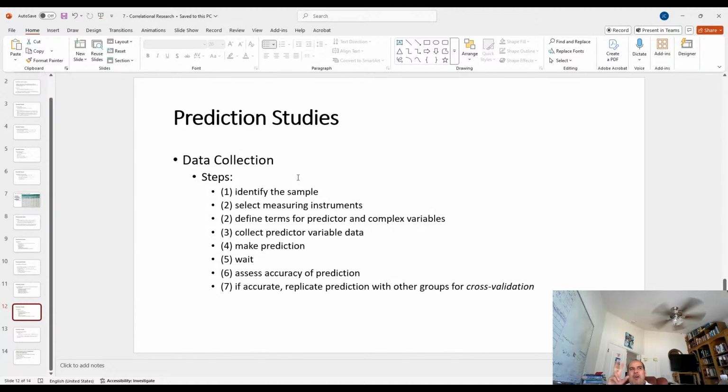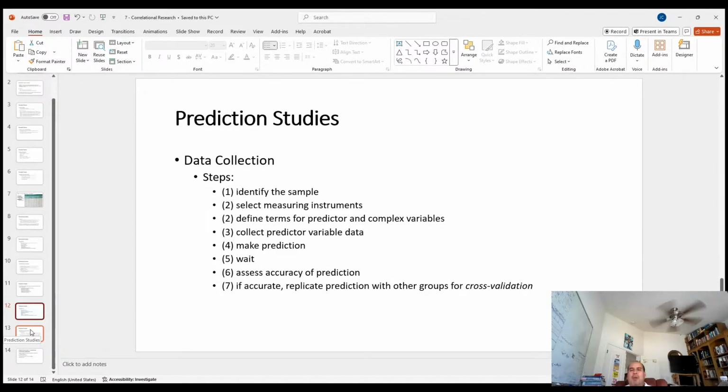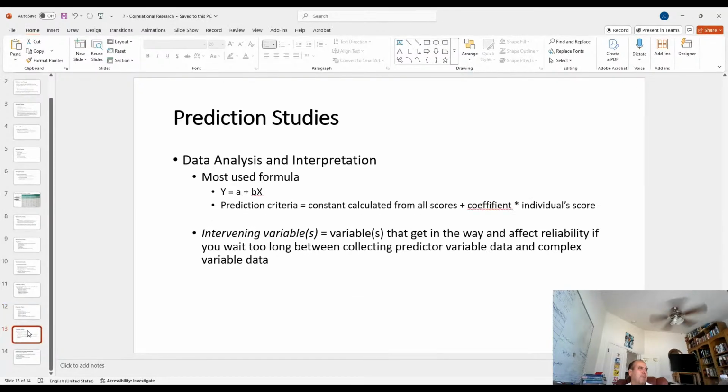You want to do other cross validation to make sure that you're truly absolutely correct in what you're predicting here, and how you're going to maybe change a school or invest funds in one program or another.